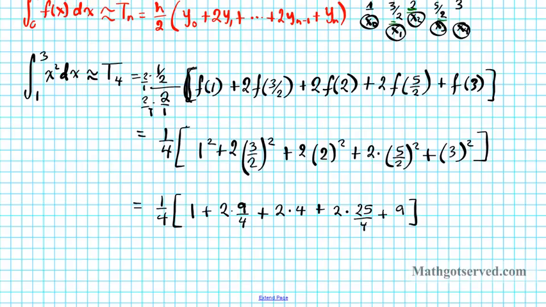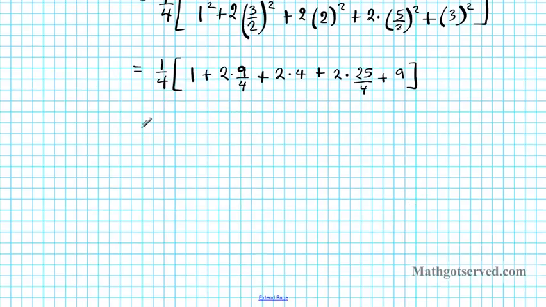Okay? Alright, let's simplify it a little bit further. We're going to have 1 over 4 times 1 plus, if you reduce this, 2 goes here, 1, 2 goes here, 2, so 9 over 2, plus 8, plus, you reduce this, 2 goes here, 1, 2 goes here, 2, so you have 25 over 2, plus 9.